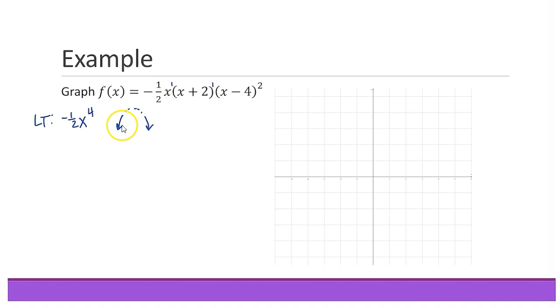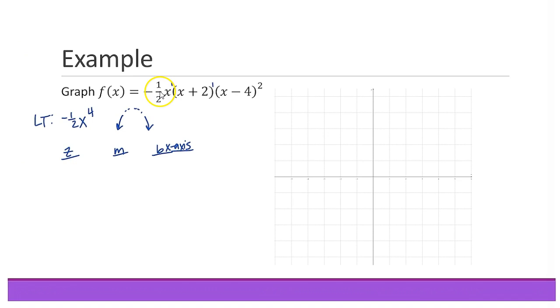Now we move on to finding the zeros and their multiplicities and their behavior. I'm going to make a little table, and I'm going to shorten it: the zeros, the multiplicity, and the behavior near the x-axis. So the first zero this time is actually 0.